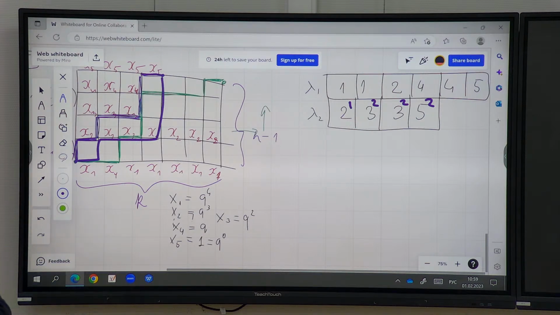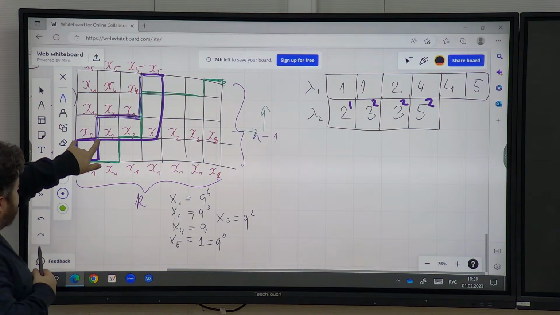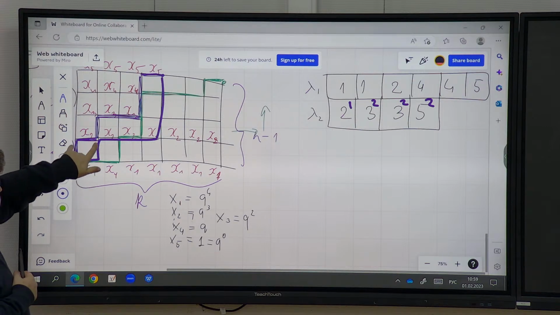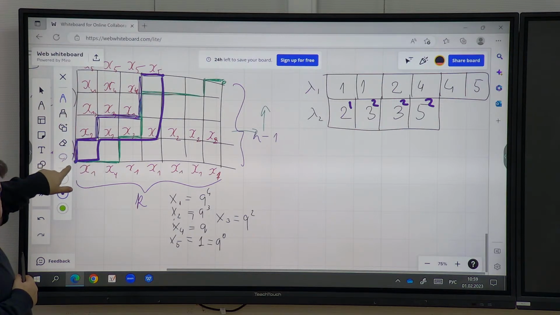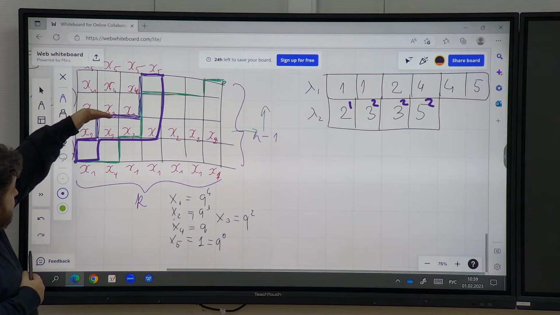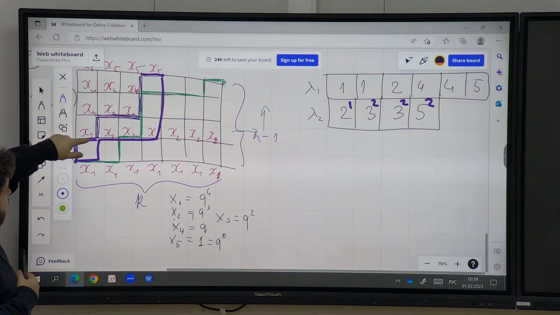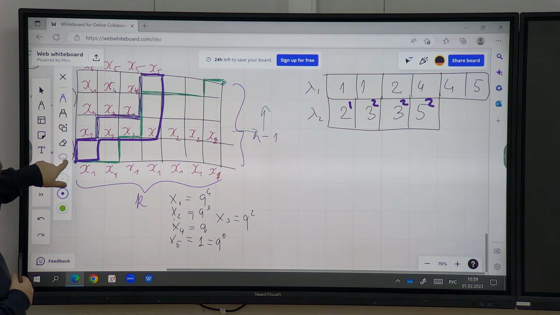Every horizontal step of the violet path is above the corresponding green one, right? Каждой колонке горизонтальный отрезочек выше зелененького.